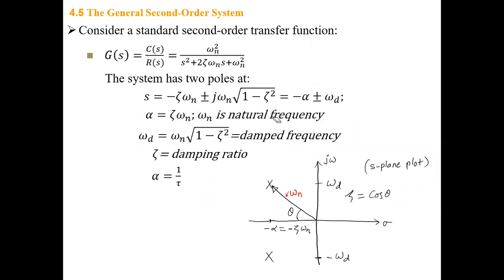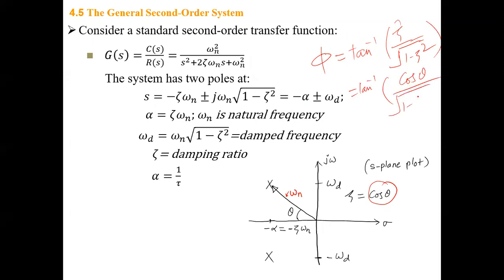So remember we defined phi in the previous lecture, I told you, right? Phi equals the inverse tangent of this quantity here. This is cosine theta. Instead of writing this, you could write inverse tangent of cosine theta divided by the square root of 1 minus cosine squared theta.